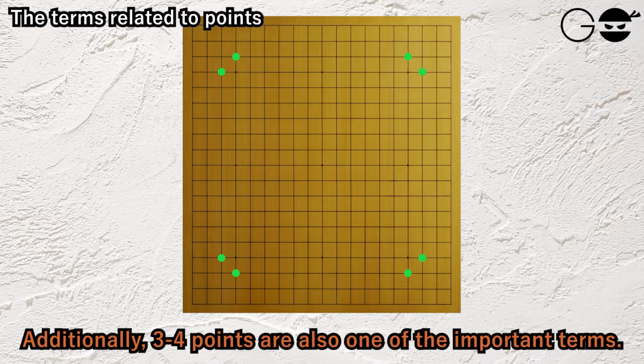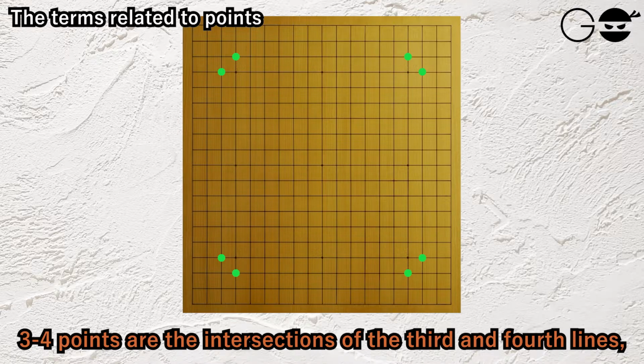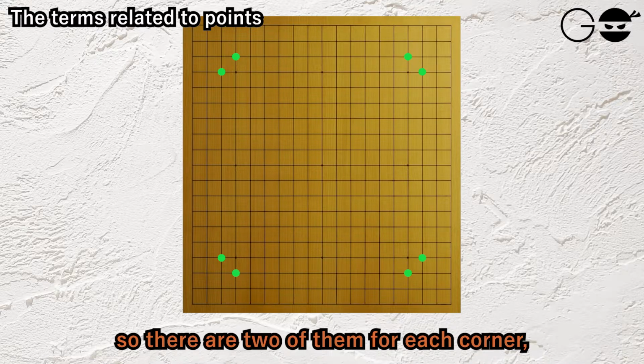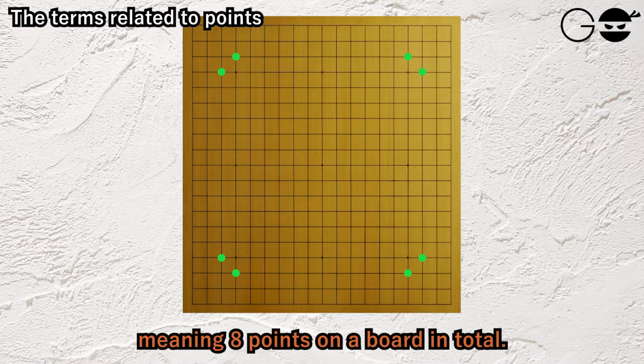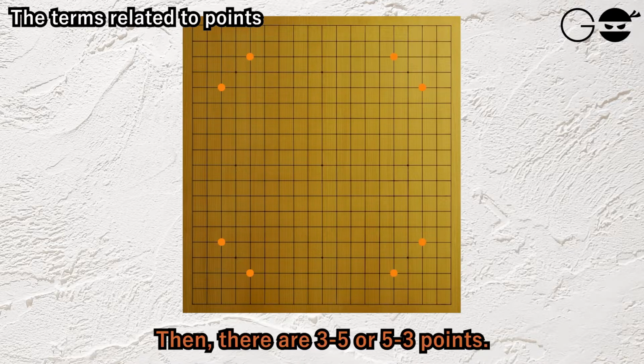Additionally, 3-4 points are also one of the important terms. 3-4 points are the intersections of the third and the fourth lines, so there are 2 of them for each corner, meaning 8 points on the board in total. Then, there are 3-5 points.